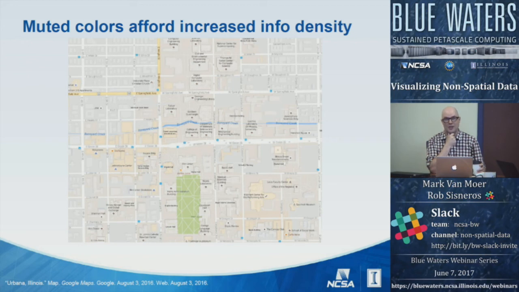It's a fantastic example of how toning down colors can actually increase the amount of information that's able to be displayed. That has to do with a visual perception effect sometimes called dazzling: if there are too many bright colors next to each other, it is almost like a Bridget Riley op art piece from the 60s. It can be very hard to look at.